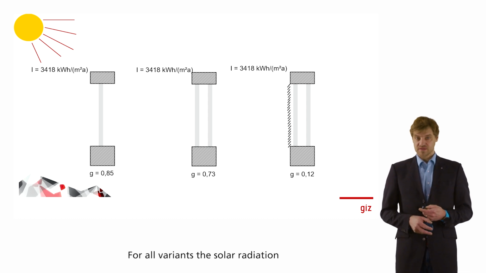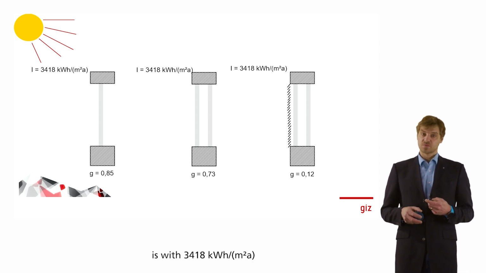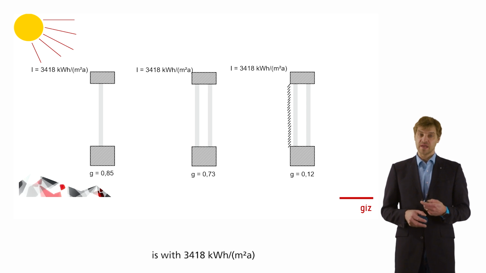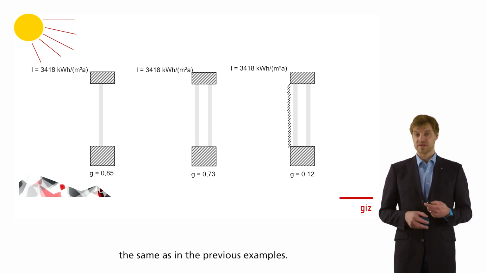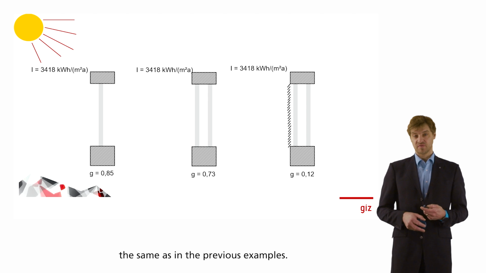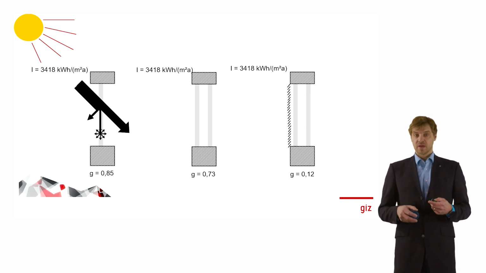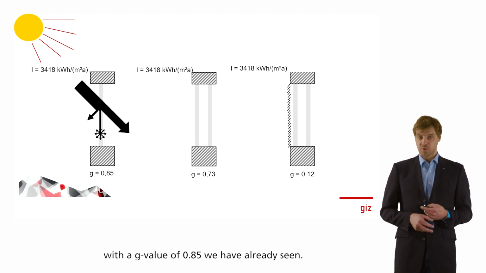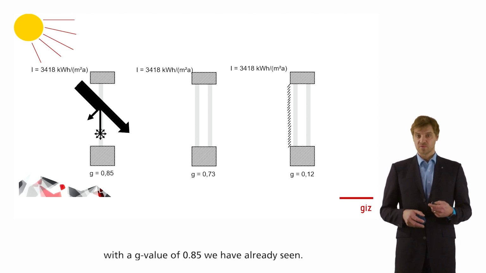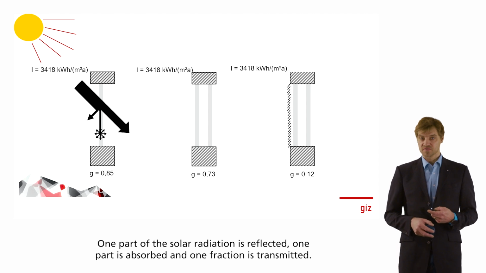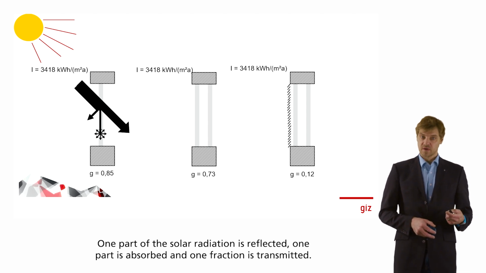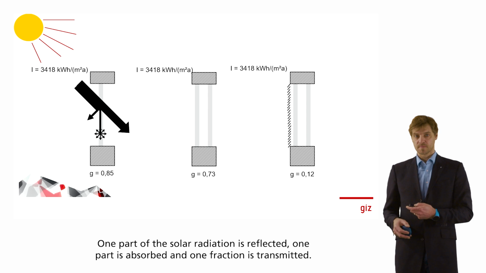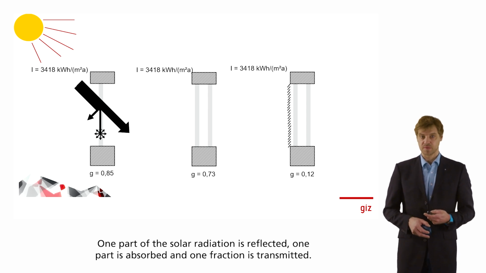For all variants, the solar radiation is 3,418 kWh per square meter and year, the same as in the previous example. The physics behind the single pane glazing with a G value of 0.85 we have already seen. One part of the solar radiation is reflected, one part is absorbed, and one fraction is transmitted.